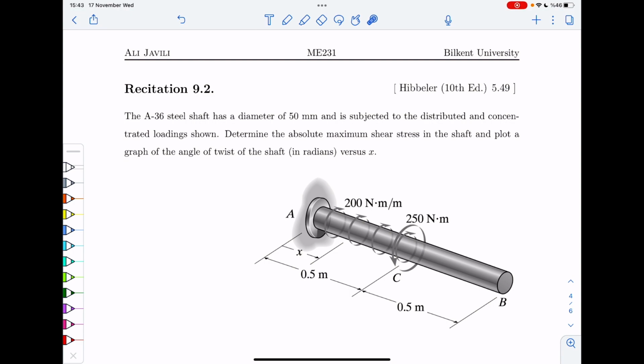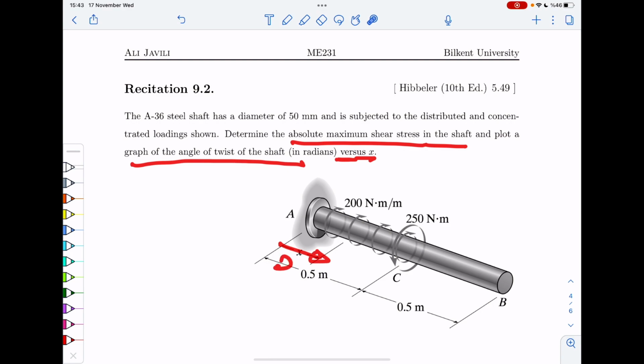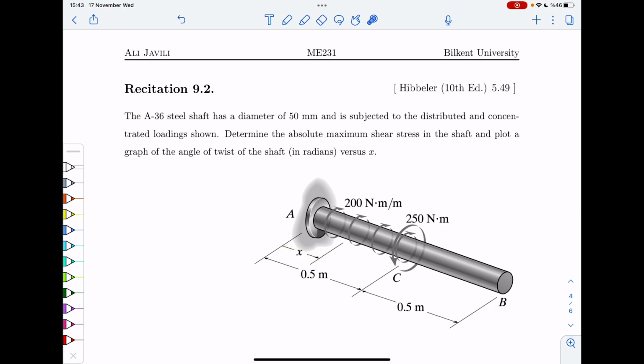Determine the absolute maximum shear stress in the shaft and plot a graph of angle of twist of the shaft versus x. Okay, so this is your x coordinate. We want to know the angle of twist, but also we want to calculate the maximum shear stress.